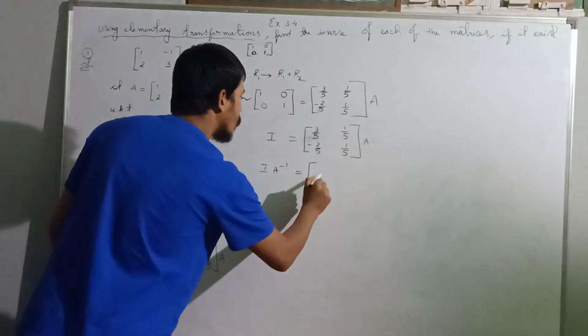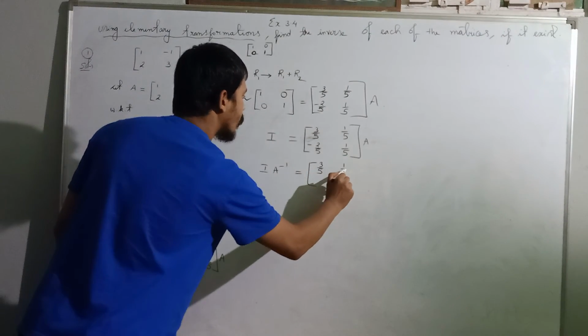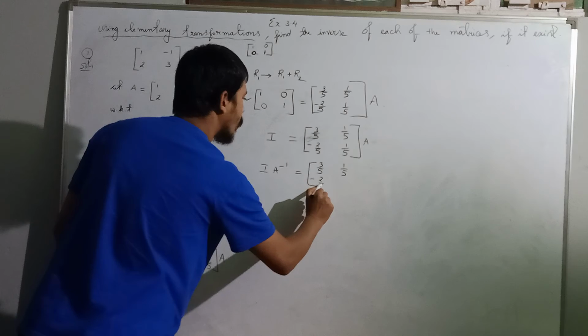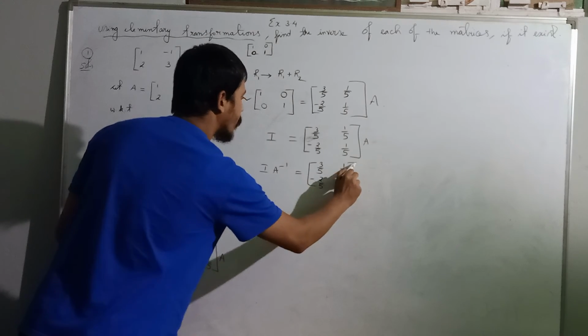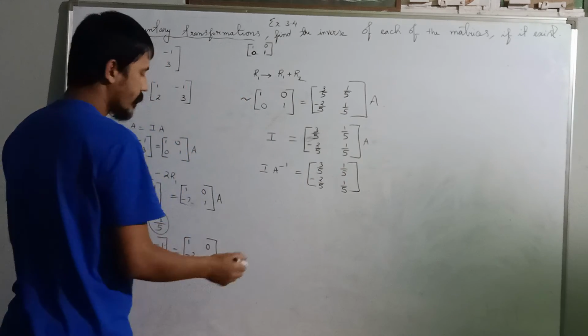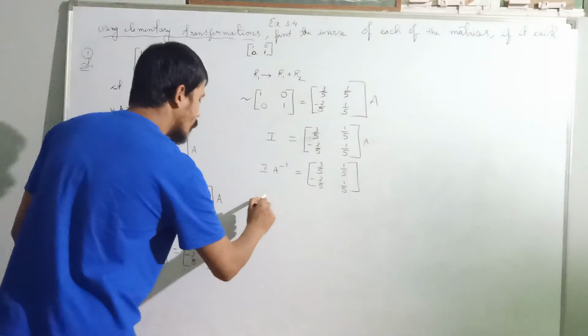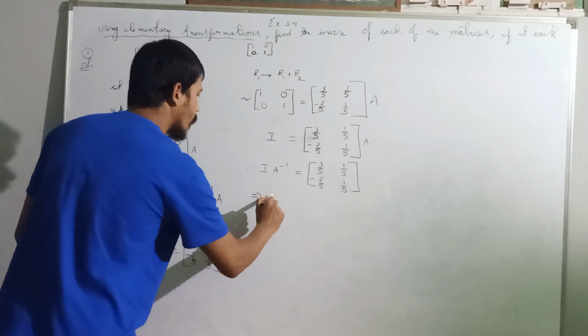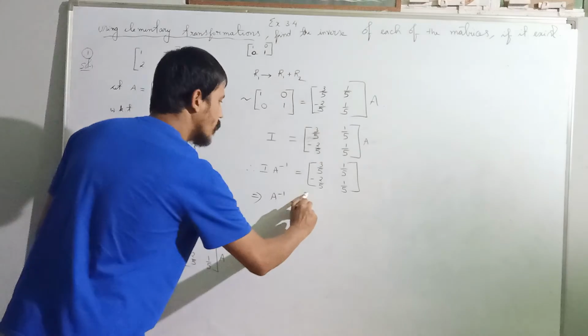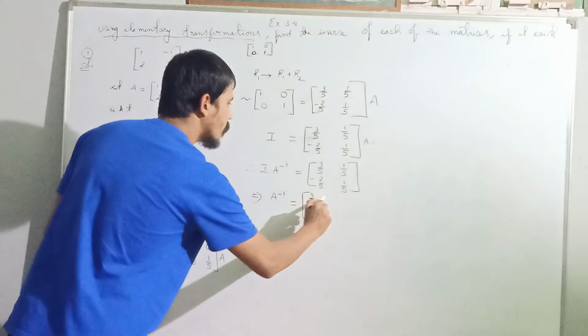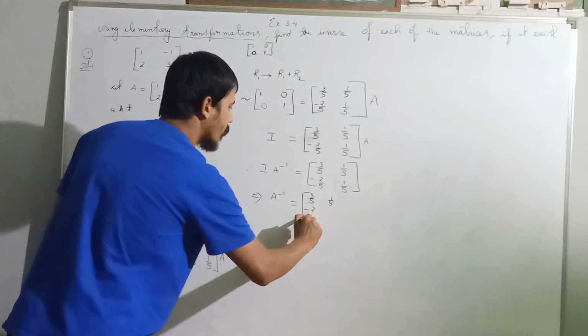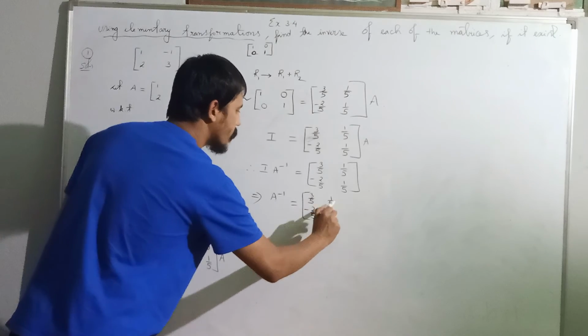So this is 3 by 5, 1 by 5, minus 2 by 5 and 1 by 5. Identity into A inverse will be A inverse. So your A inverse exists. Okay? And this is the inverse of your matrix A.